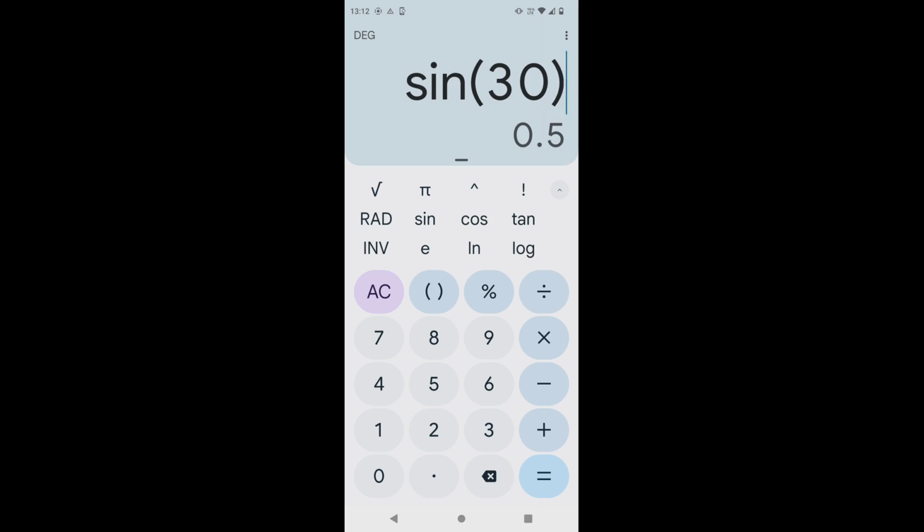Okay, so now suppose I want to calculate sine of some not so well known angle, let's say 23 degrees, and look, I have the solution. It's about 0.39. Okay, and now suppose I want to know the opposite thing. Let's say I know that the sine of some angle is 0.82, and the question is what's the angle such that its sine is 0.82.